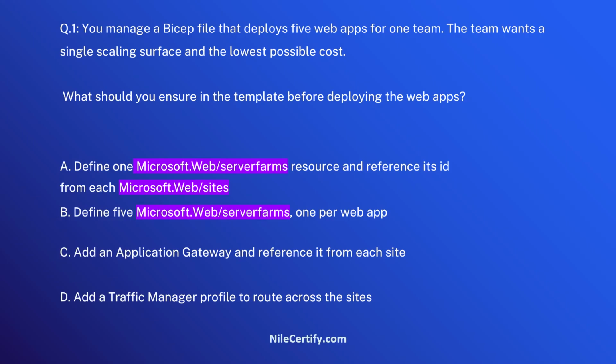Traffic Manager is DNS-level routing across endpoints and regions, usually used for global distribution or failover, but it's not involved with consolidating costs or scaling. So it's also an extra bill and it doesn't satisfy the requirements. So the correct answer here is answer A.